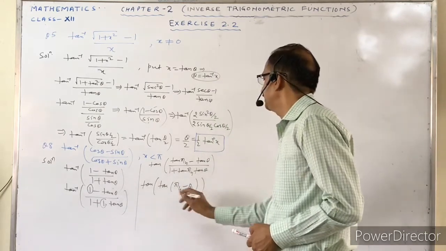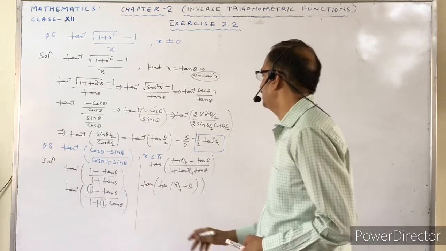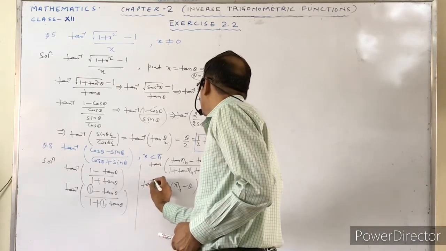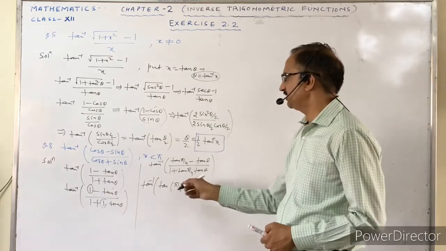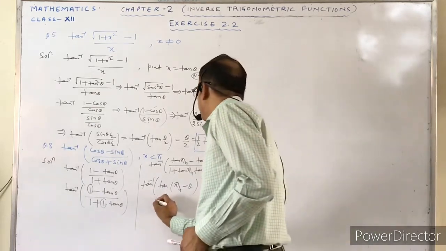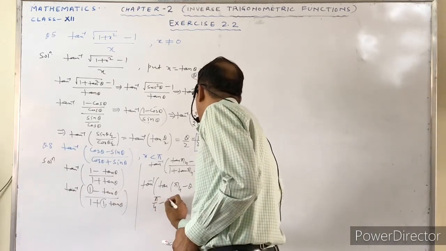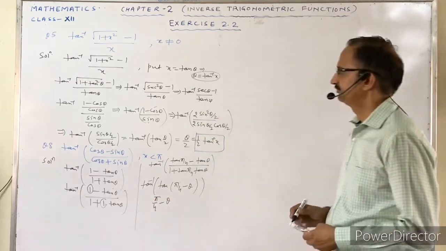Okay children? Now tan inverse cancels out with tan, and we will get pi by 4 minus theta.